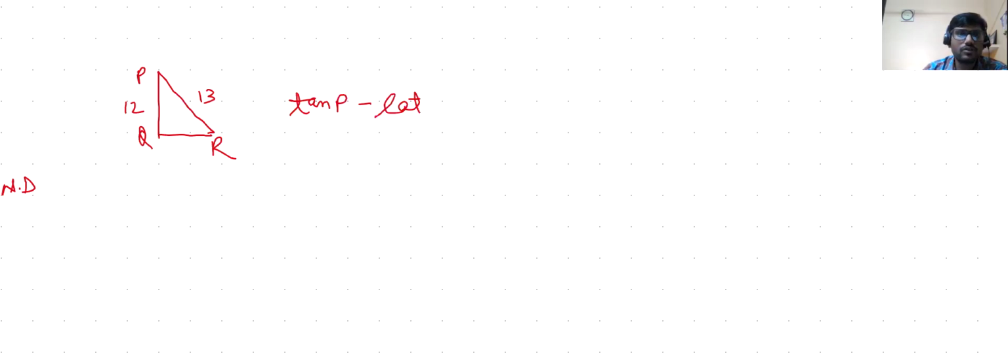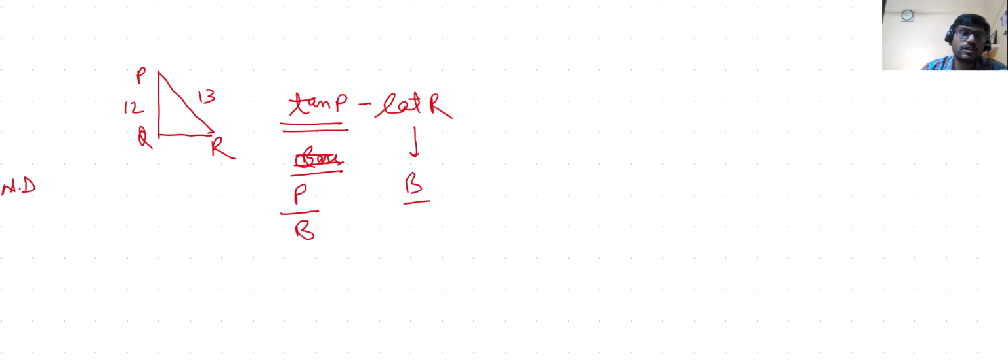Here is the first question. You have a triangle PQR with sides 12 and 13. They ask you to find tan P minus cot R. Tan P is perpendicular upon base, but cot is base upon perpendicular.